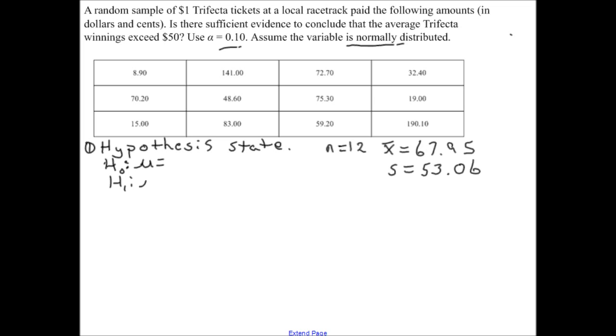And then the alternative, in this case, they're asking exceeds 50. So greater than 50. Does it exceed 50? So 50 is our mu, the mean that we're dealing with. They are asking, does it exceed? So this is our claim. This is then one-tailed.